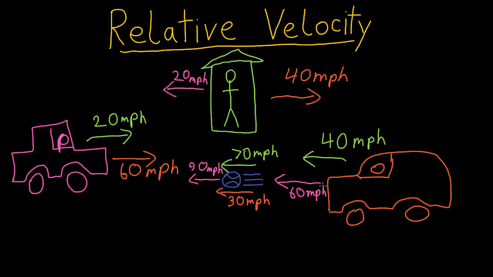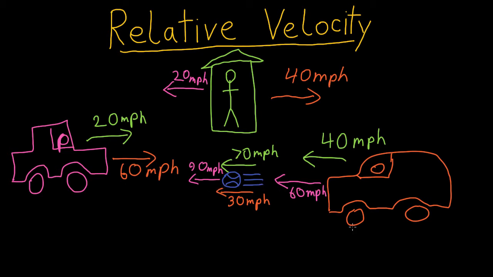So here we have 3 perspectives on 4 objects. We could even put in the perspective of the baseball. From the baseball's perspective, what are all of the relative velocities here? Your friend threw the ball to the left at 30 miles an hour.